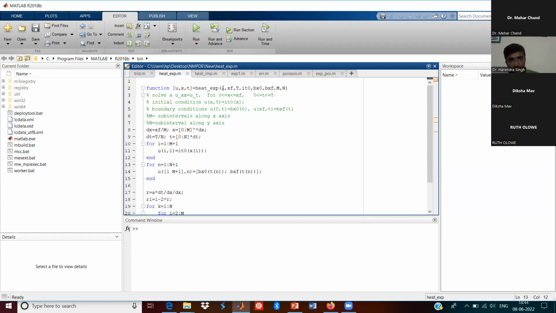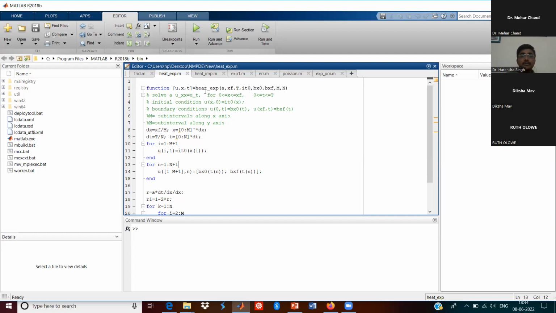If I provide this type of input, that is xf, T, it0, bx0, bxf, m and n, I will just provide these inputs and that program will directly catch them from here and provide the solution for us. So to construct a function program, you just save it using the name you have given at this place.